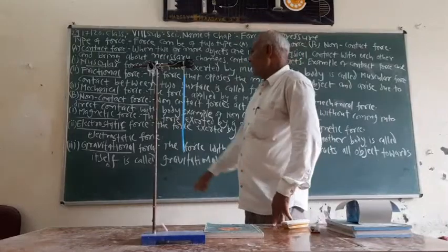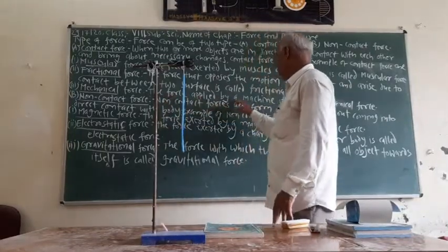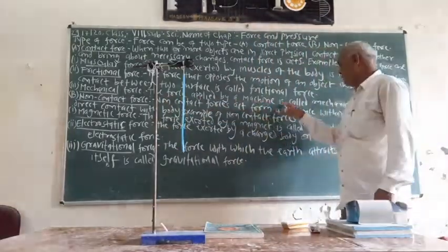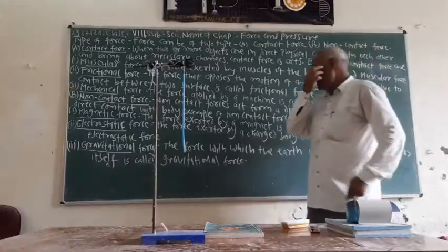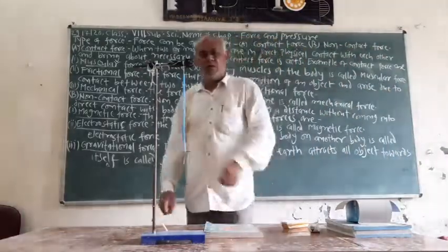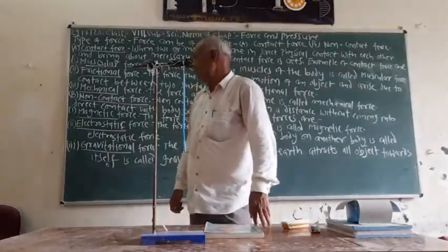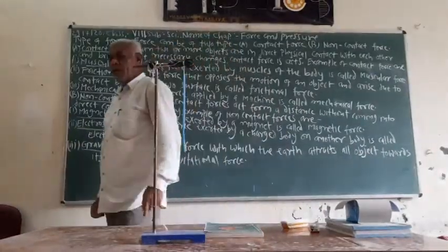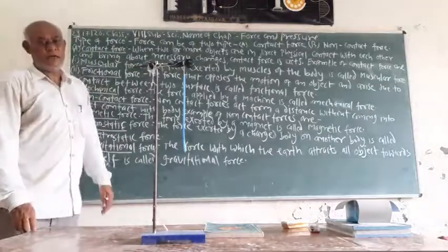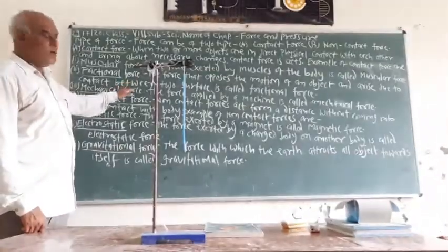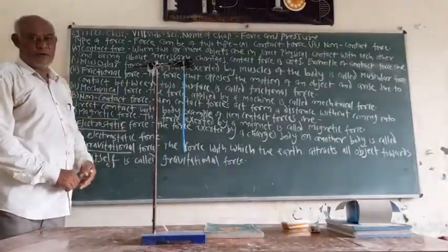So, the force applied by a machine is called a mechanical force, and this force is also an example of contact force. So, contact force examples are muscular force, frictional force or force of friction, and mechanical force.